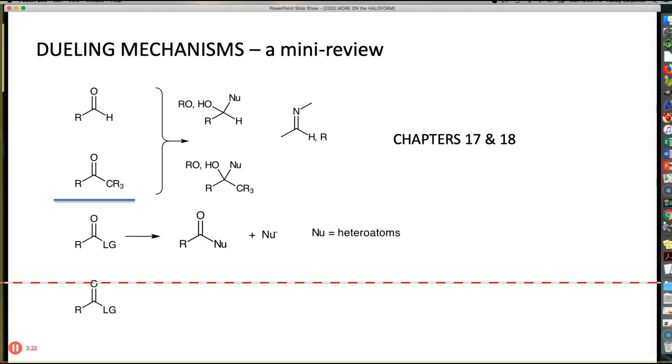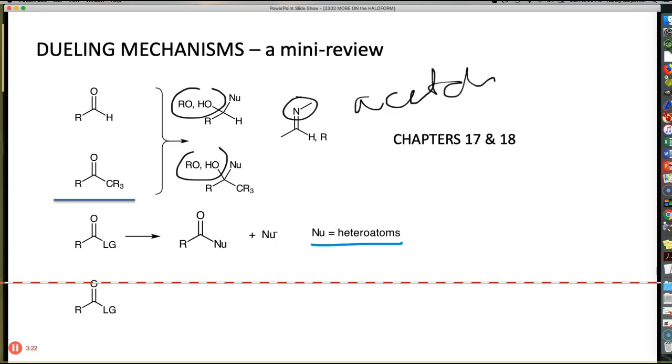And really, when you get right down to it, in chapters 20 and 21, in 20 we're focusing strictly on heteroatoms, kind of like we did up here in 17 and 18. At first we looked at the addition of nitrogen and oxygen, and then ultimately we looked at the addition to make acetals. And we also looked at the addition of Grignards and organolithiums.